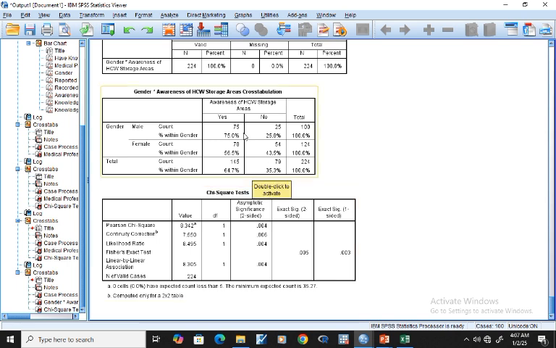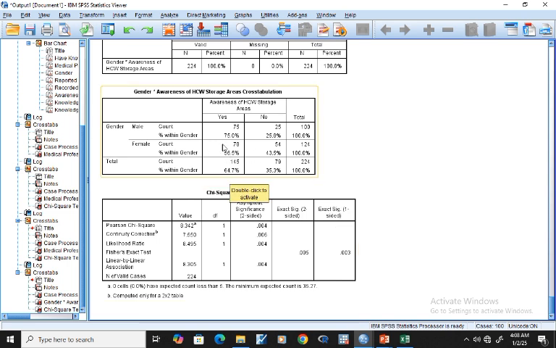That is sufficient for a 2 by 2 contingency table analysis. So instead of relying on the other, we rely on this to make the decision.